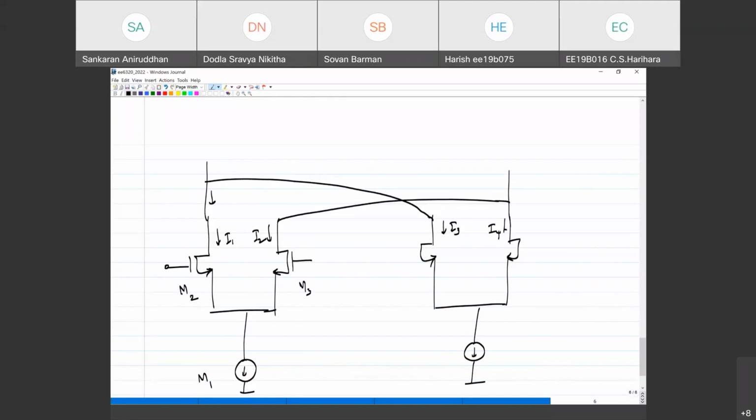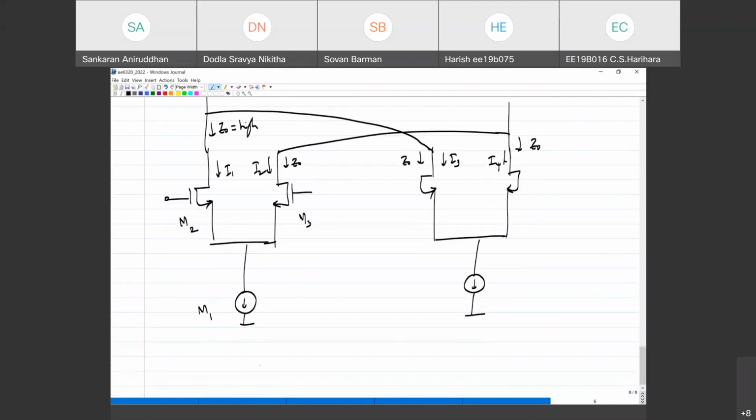When it is on, M2 is acting as a cascode for M1. So this impedance is indeed high at every point. So it is simply like adding currents, isn't it? Yes, sir.